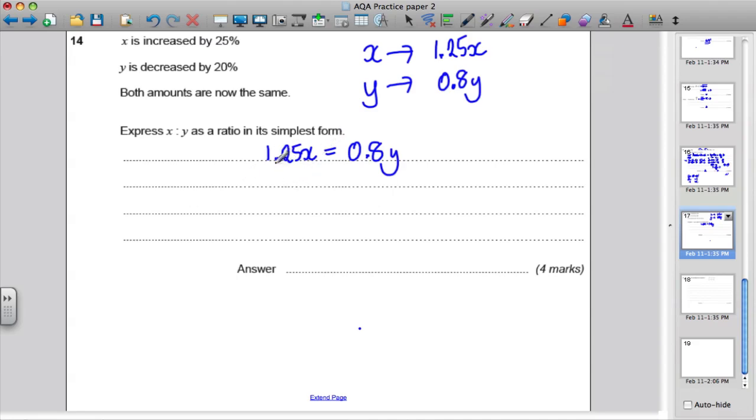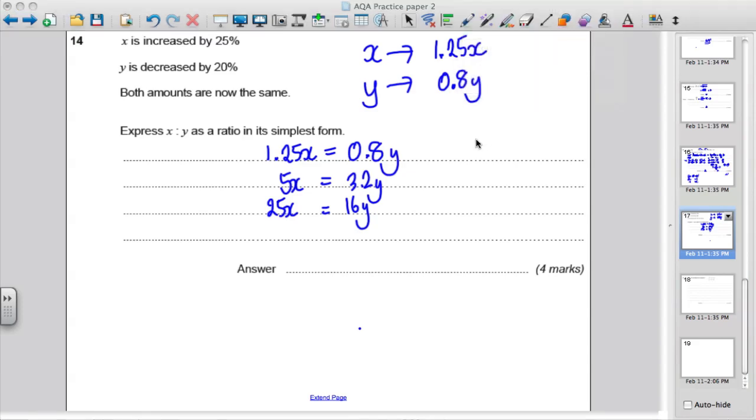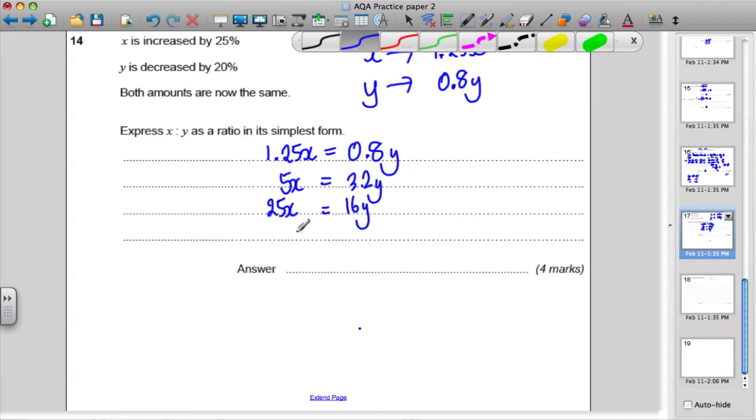If I times this side by 4, I would get that 5x would equal 3.2y. Still no good, I need to get rid of the decimals here, so I could times by 5, I'll get 25x's must be equal to 16y's. X to y must therefore be equal to 25 to 16.